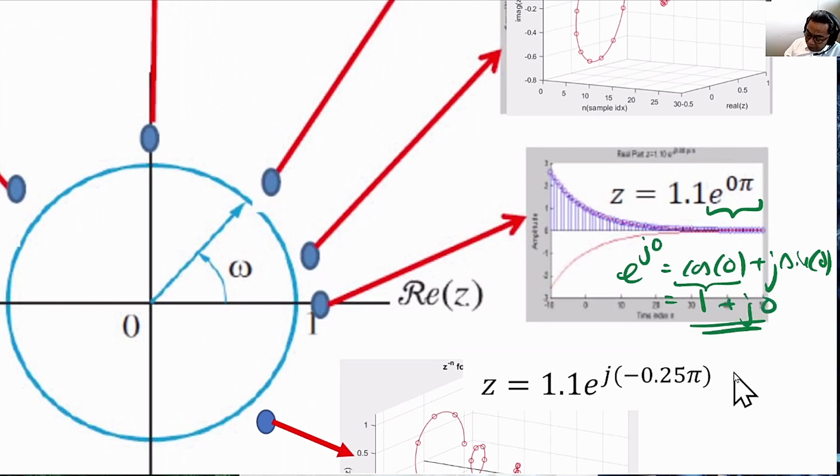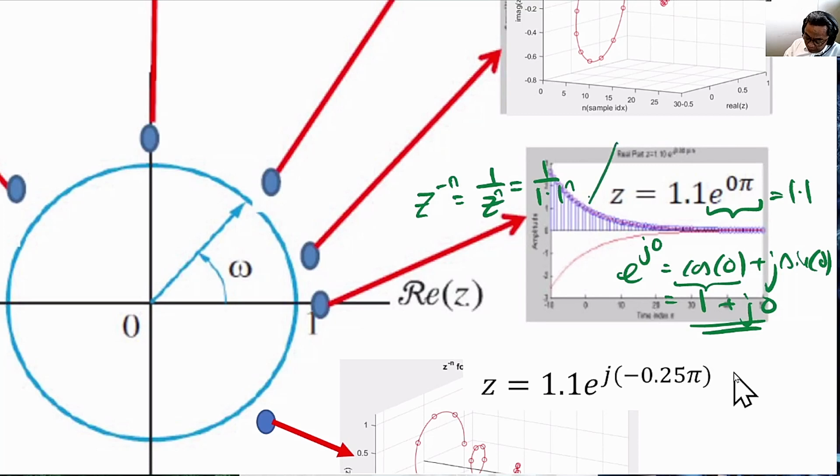So this is 1.1 times 1, which is equal to 1.1. So z is 1.1, and z minus n is 1 over 1.1 to the power of n.